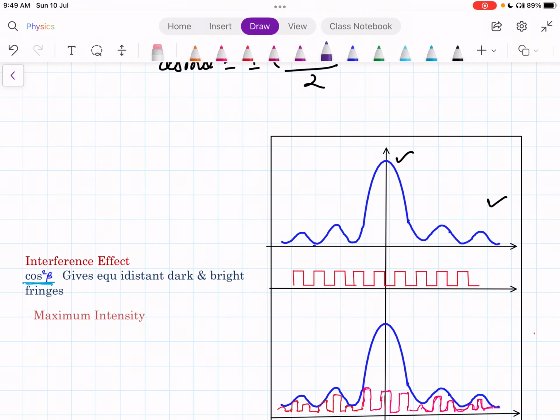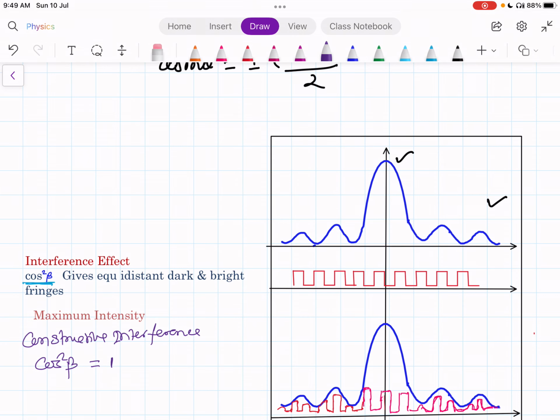Now, when will we get maximum intensity? That is when we get constructive interference. What should cos square beta be for constructive interference? That is maximum intensity, so cos square beta should be 1.